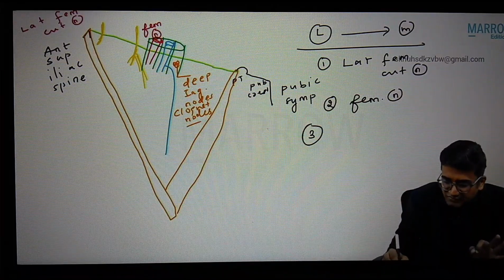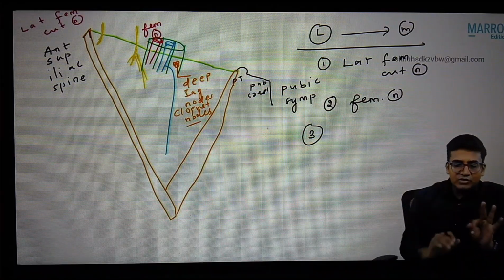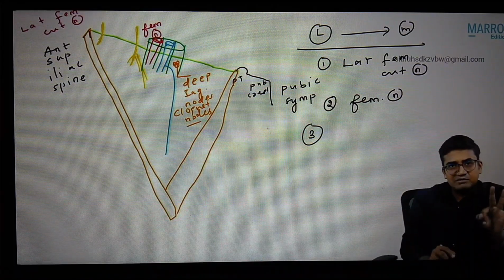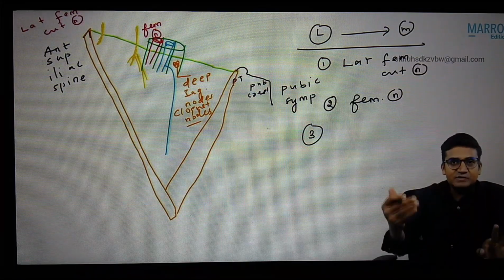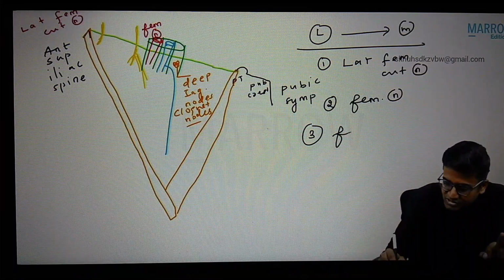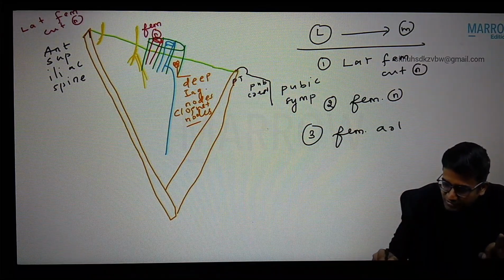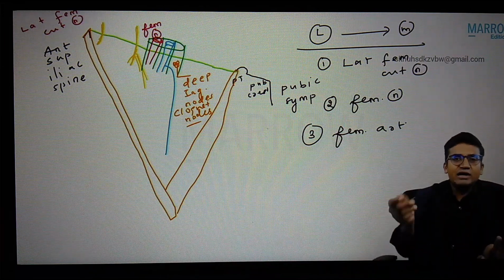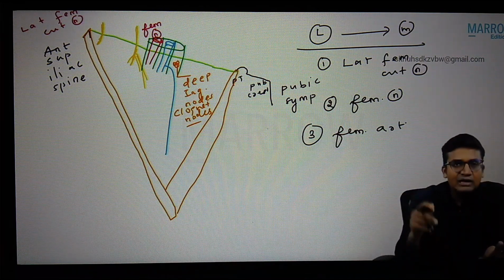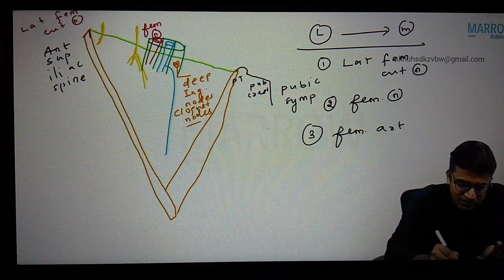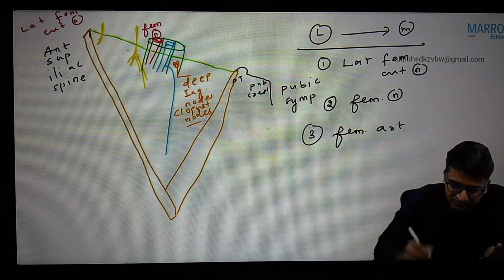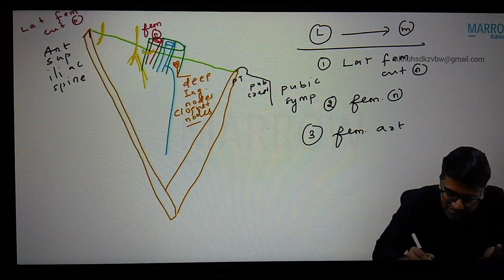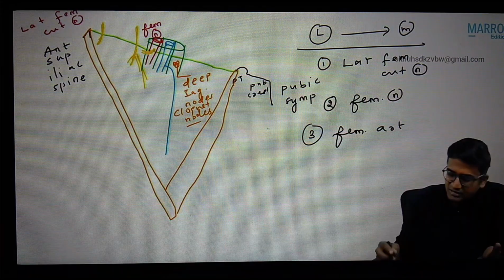Next, the femoral sheath and its contents. I told you the femoral sheath has 3 compartments. The lateral most compartment of the femoral sheath contains the femoral artery. Along with the femoral artery, one nerve is coming down and it pierces the femoral sheath and comes out of the sheath, and that supplies the skin over the femoral triangle.